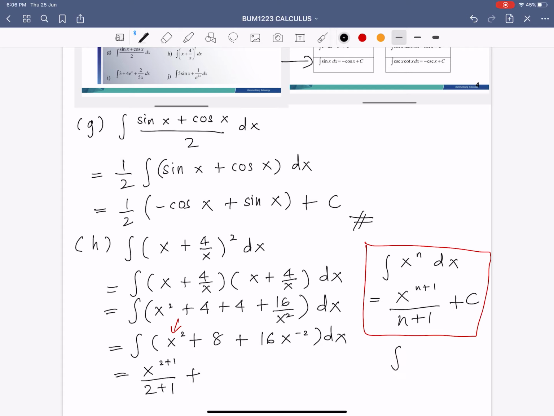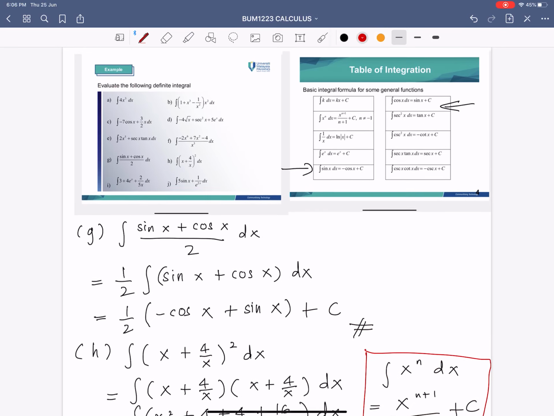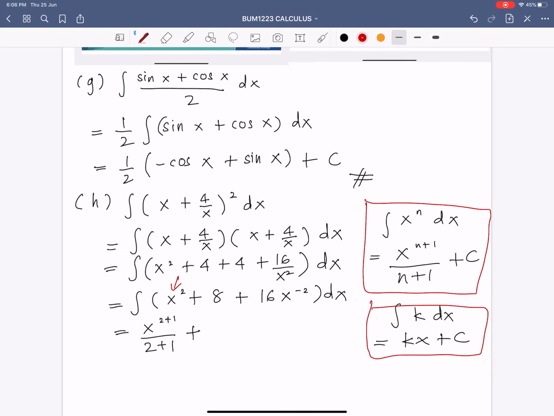Remember, when we have the integration of k dx, it is equal to kx plus c. This formula is actually above, but I just rewrite it here because I don't want to scroll. So the integration of 8, we get 8x.